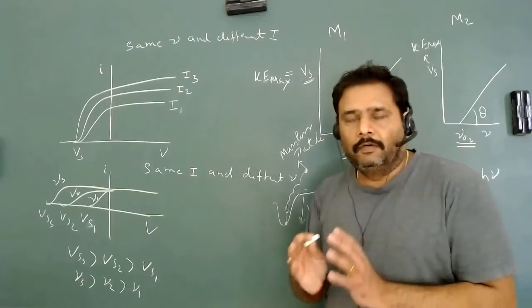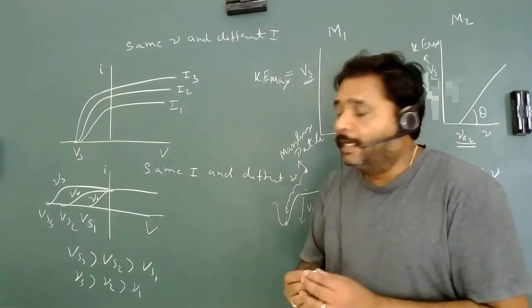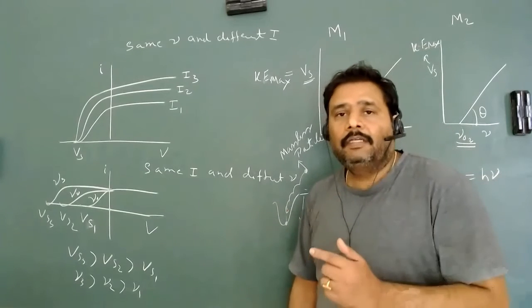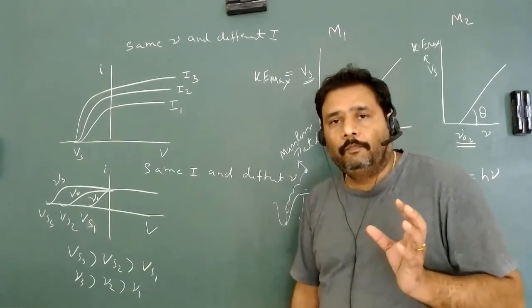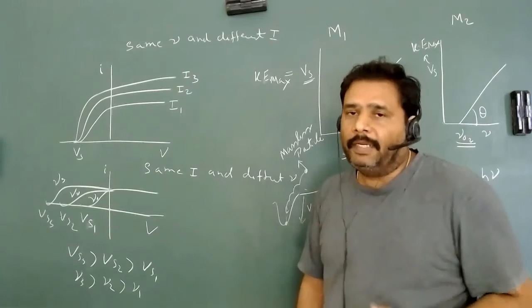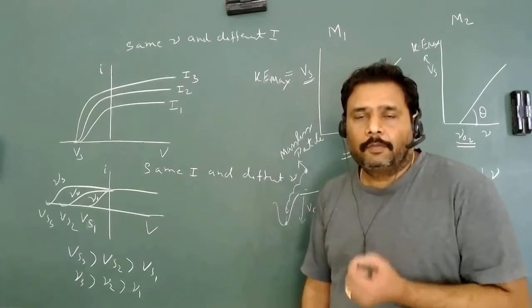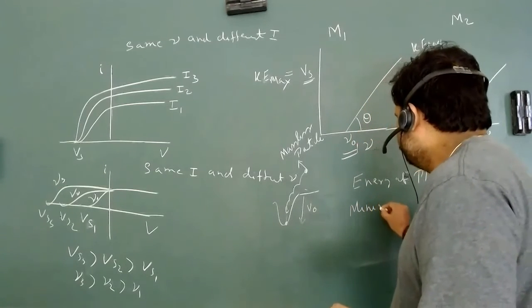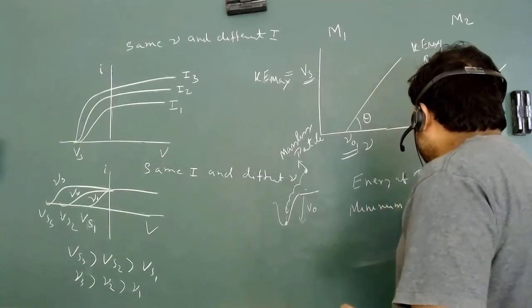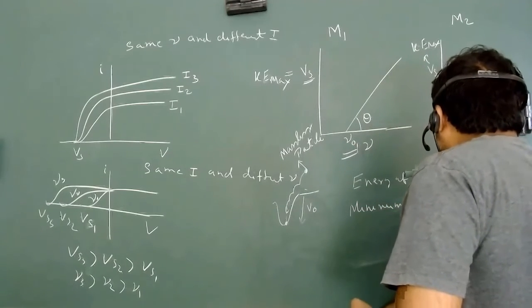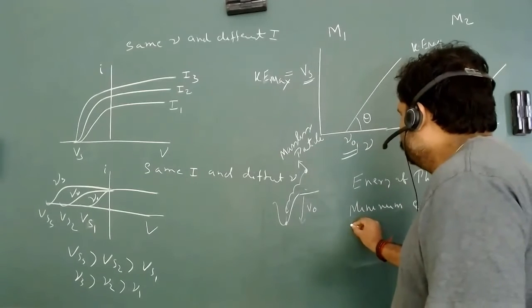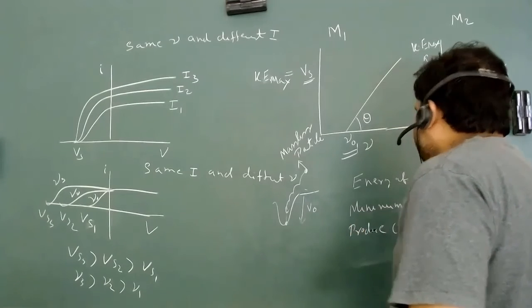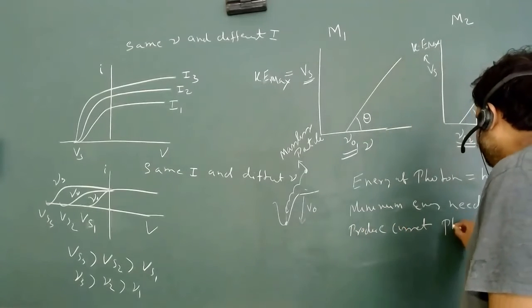He also gave the definition of threshold energy of a particular metal: the minimum energy needed to produce current, in another way, to produce the photoelectric effect.